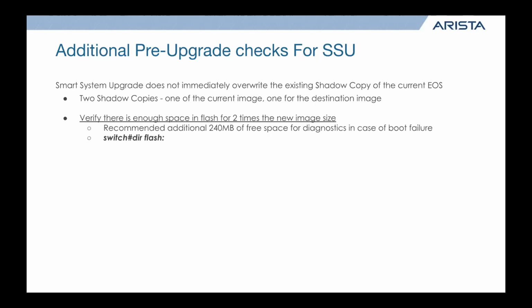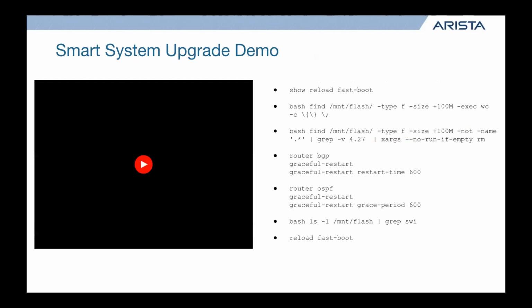When we do the smart system upgrade, we do that with your destination image as well. It takes up more space, but it significantly decreases how long the control plane is down because of how we manipulate those files. But because of that, you have to make sure there's enough room on flash for 2 times the new image size. And of course, we still recommend 240 megabytes of free space. You'll see this in our smart system upgrade demo, which is right here, though.